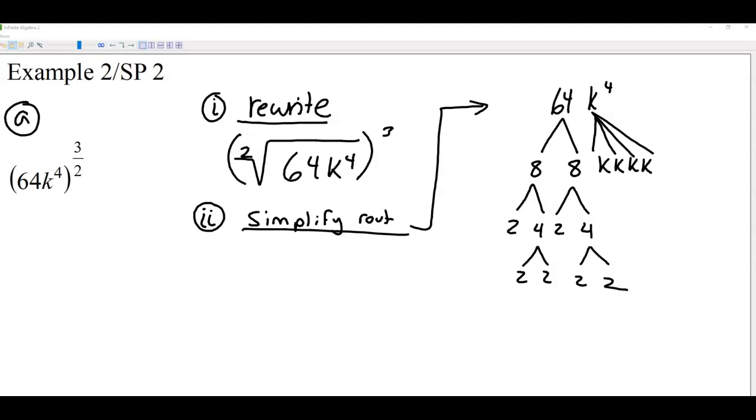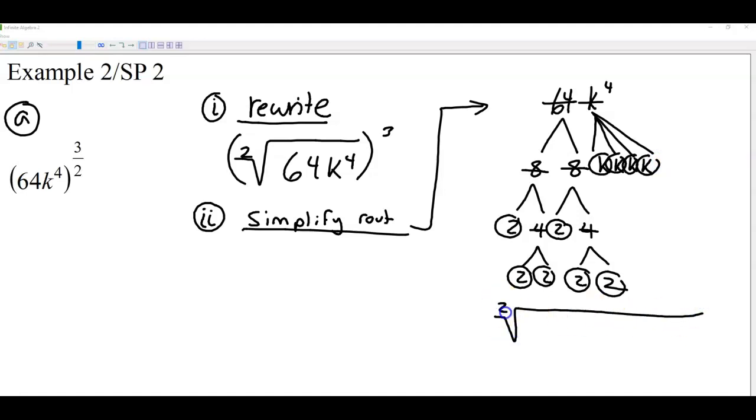So the 64 split up, the k to the 4th split up, the 8 split up, the 4 split up, but I'm left with all these 2's here and all these k's. So I have 1, 2, 3, 4, 5, 6 2's. And 4 k's.